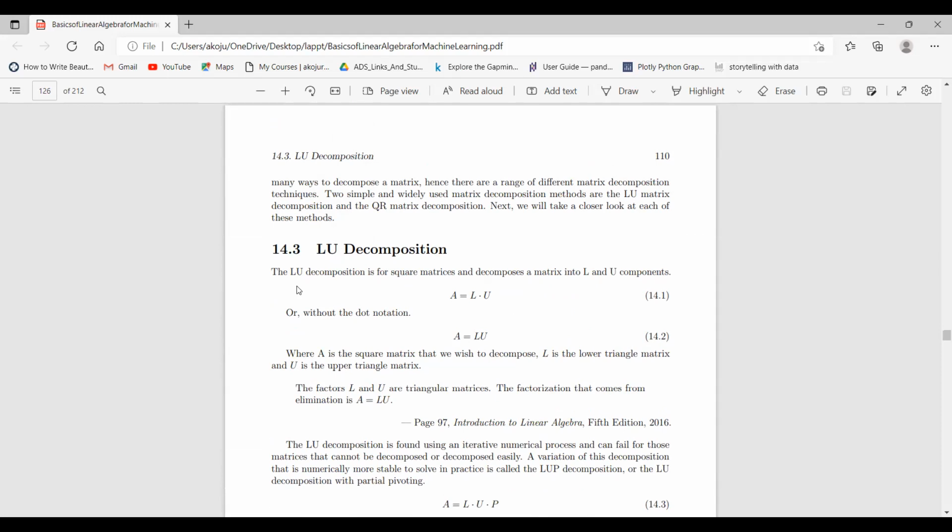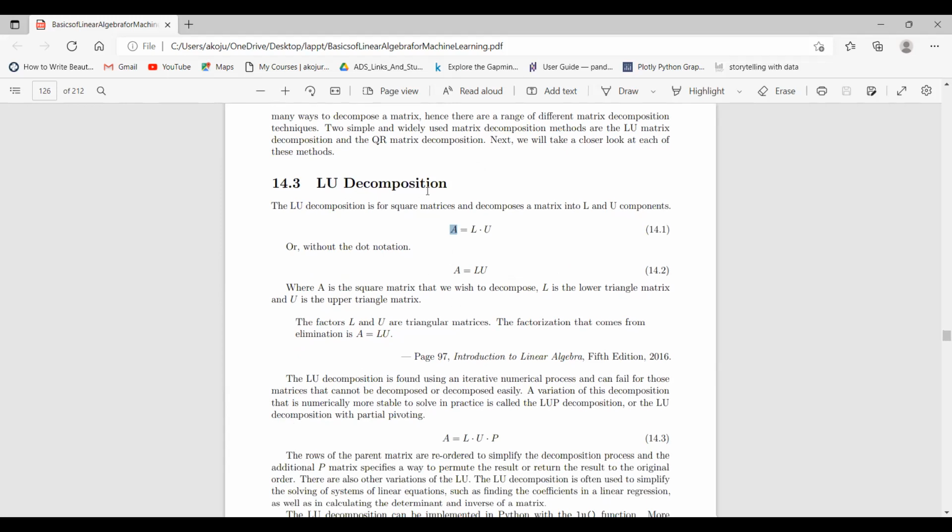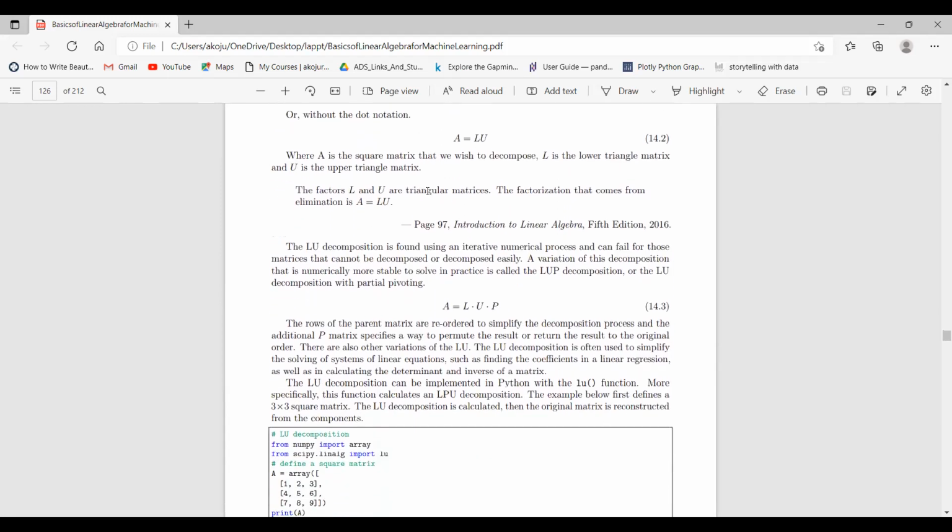Similarly, we need to do some row or column operations to find L, the lower triangular matrix, and U, the upper triangular matrix. If you multiply L into U, we will get the original matrix A. That is nothing but LU decomposition.